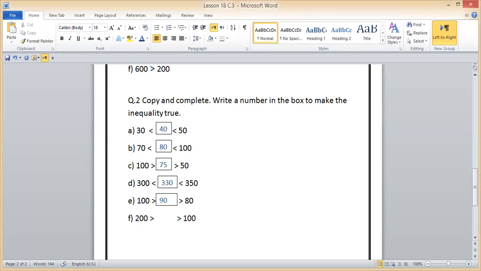There is a number which is greater than 100 but less than 200. You have to find out that number.